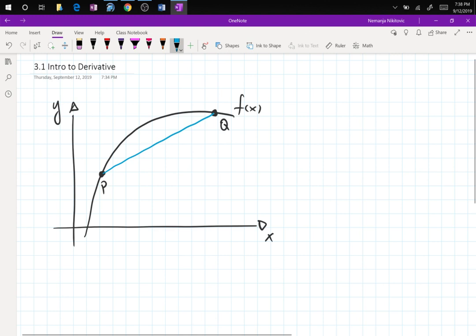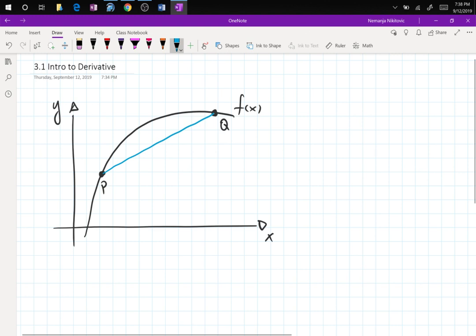Secant in Greek means to cut. So you can see that this blue line cuts through the function, and we call this line the secant line.